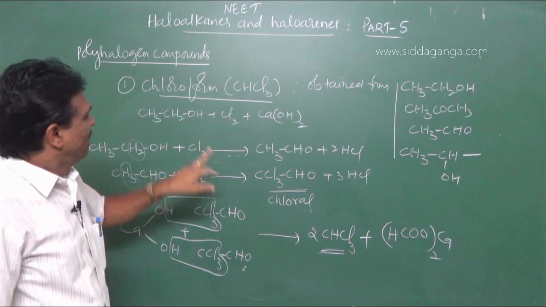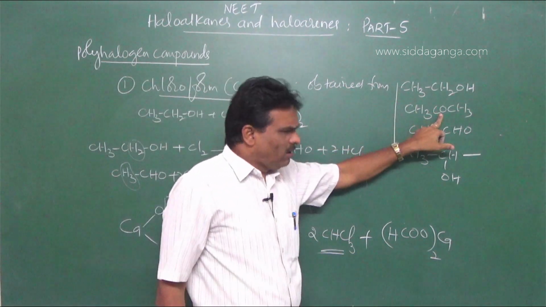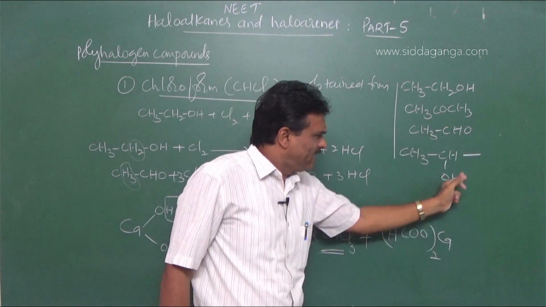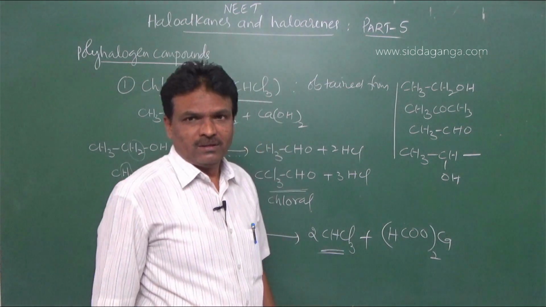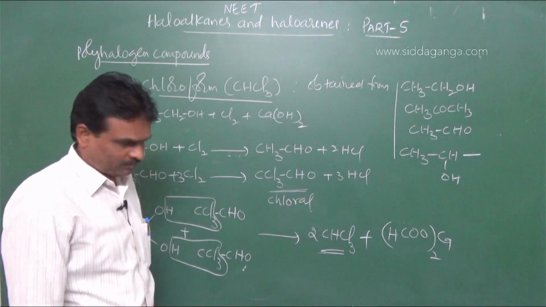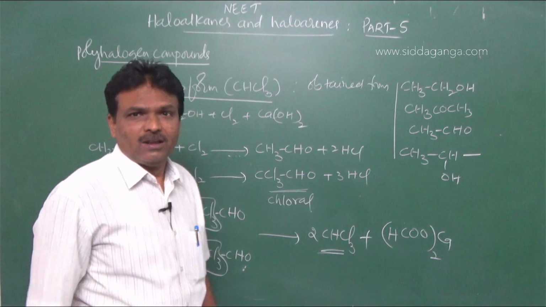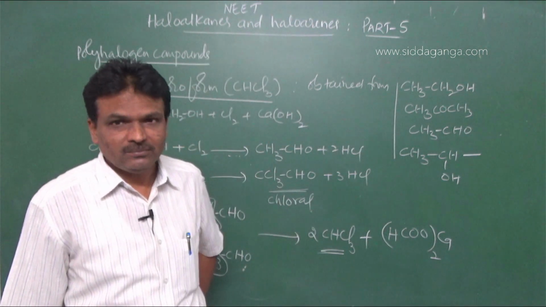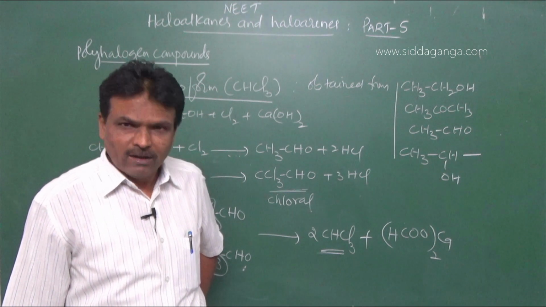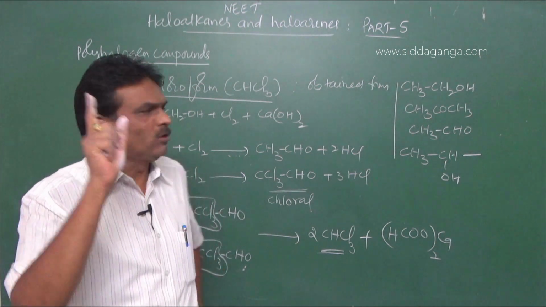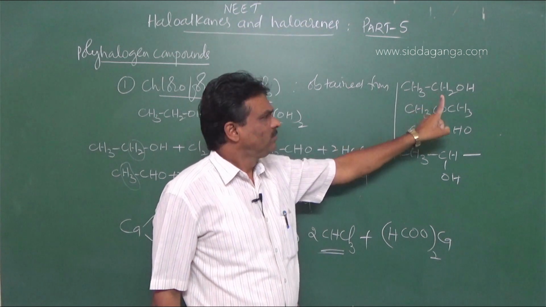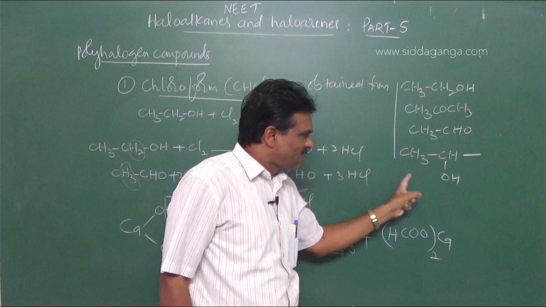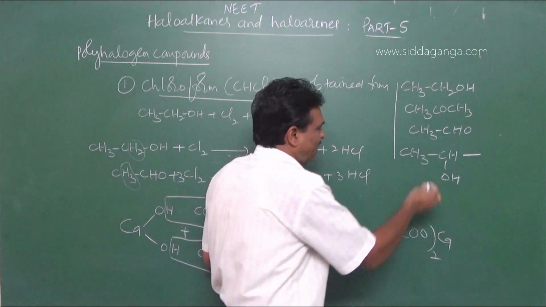So chloroform is obtained by treating chlorine with either ethanol, or acetone, or acetaldehyde, or a compound containing this type of group, and calcium hydroxide. In competitive exams they ask which of the following compounds is required to prepare chloroform.